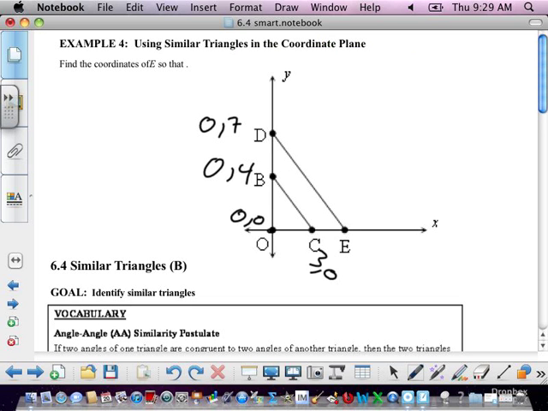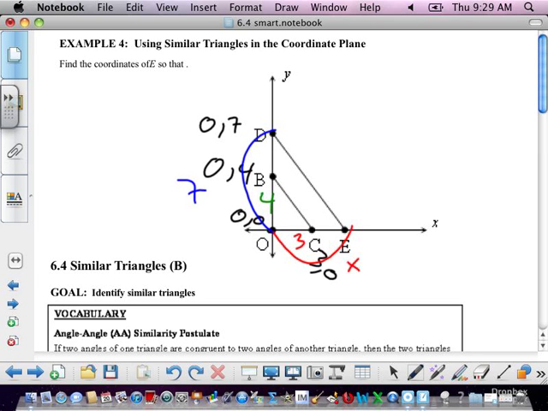How much did I have to go up? 4. So this length right here is 4. What is the length from O to D? 7. So this length is 7. What's the length from O to C? 3. And we don't know the length from O to E.